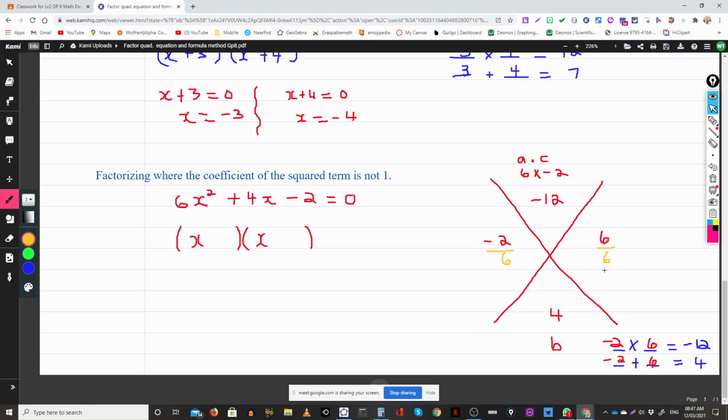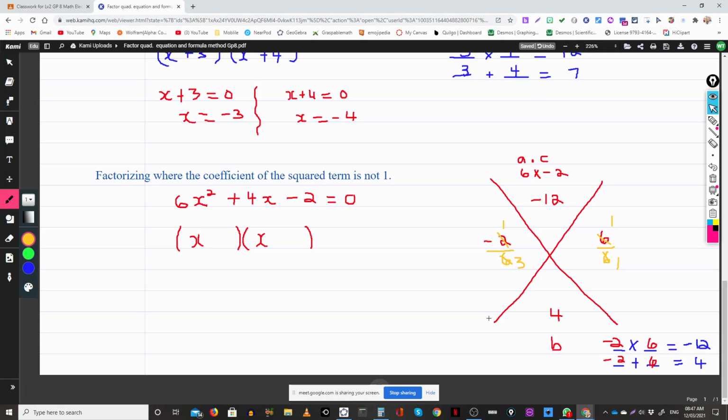Now whenever you have something like this, you reduce if you can reduce. If you cannot reduce, you just leave as is. As you can see, I can reduce this by 1 and 1, because 6 goes into 6 once. So I get 1 at top, 1 at bottom. The other one, I can reduce by 2. 2 into 2, 1. And 2 into 6, 3.